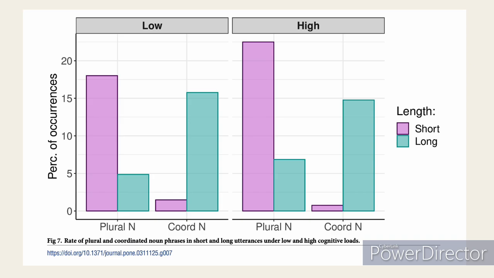And next, let's look at the impact of cognitive load. Under high load conditions, that is, the two groups on the right, the proportion of coordinated nouns decreased slightly, especially in long sentences, and the pink bar graph decreased by about 5% compared to low load, the two groups on the left.